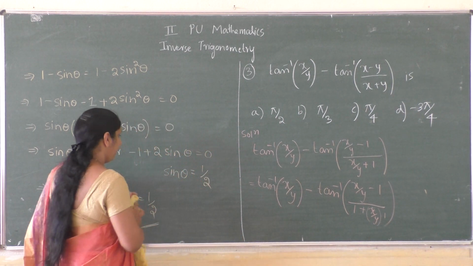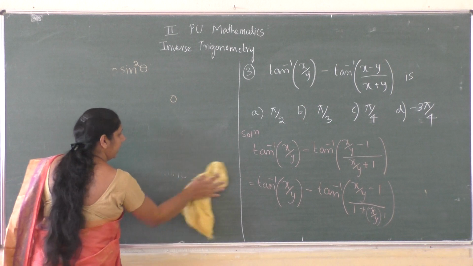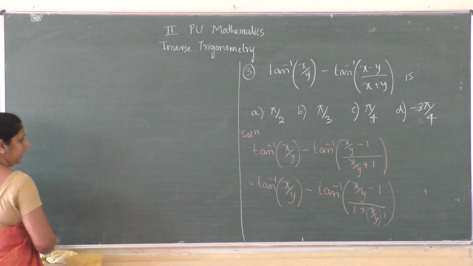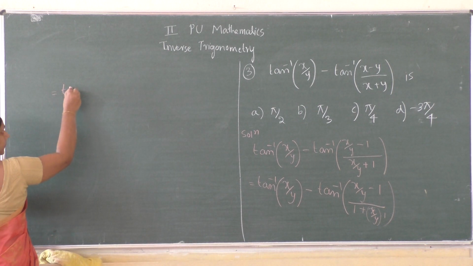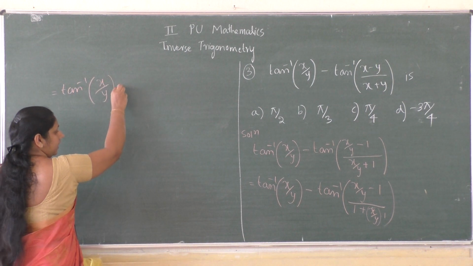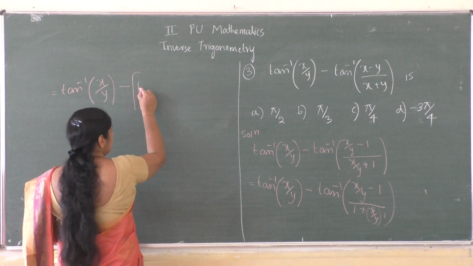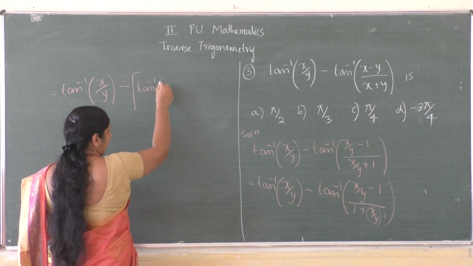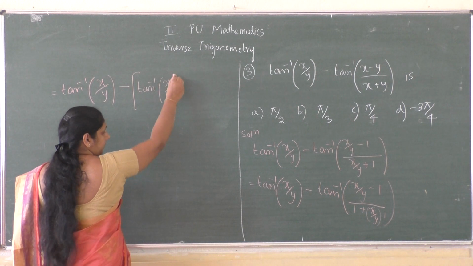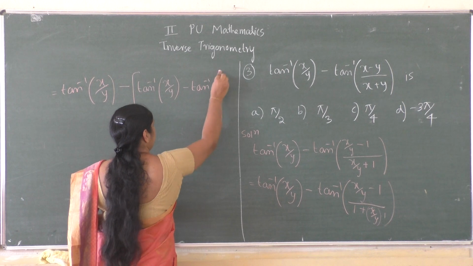Then you can apply the formula. What is the formula? Tan inverse of x minus y divided by 1 plus xy. So this is equal to first term as it is tan inverse x by y minus, see the second term, apply the formula, then it is tan inverse of x, that is x by y, minus tan inverse 1.